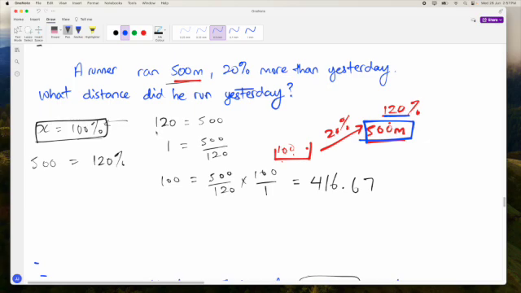So 120% represents 500 meters here, and so we could find for 1% being 500 over 120, and 100%, which is the original distance that he ran, is 500 over 120 multiplied by 100 over 1, and that gives us 416.67.